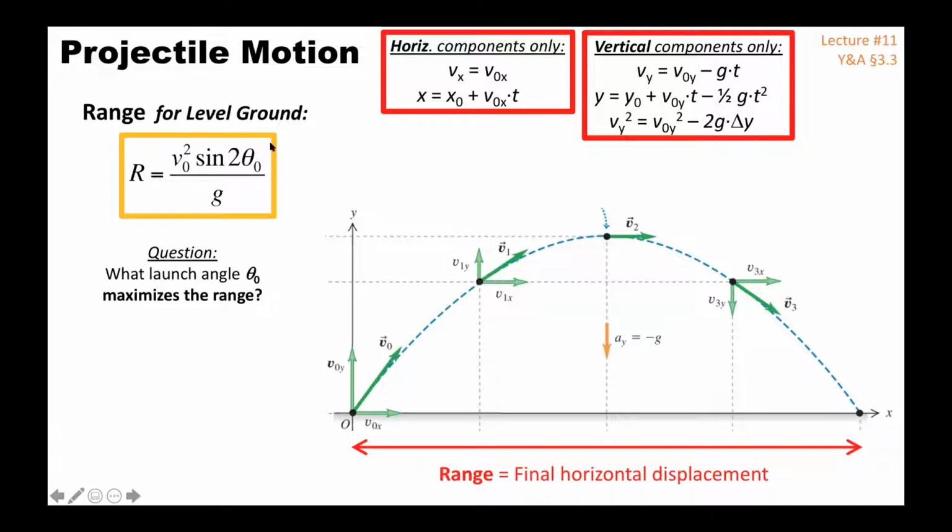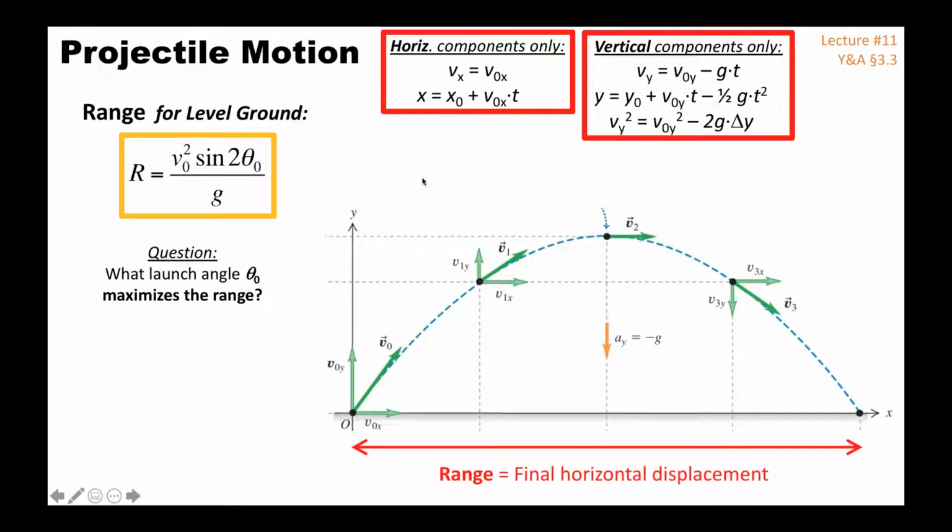All right. Now, what I'd like you to think about is suppose we have some sort of a cannon or some sort of launch device that only launches at one speed only. So we can't change the speed, but we can change the angle at which we launch an object. What angle should we choose to launch something at so that it will land at the greatest possible range? Common sense would tell us if we launch it really high, then the range might not be very big.